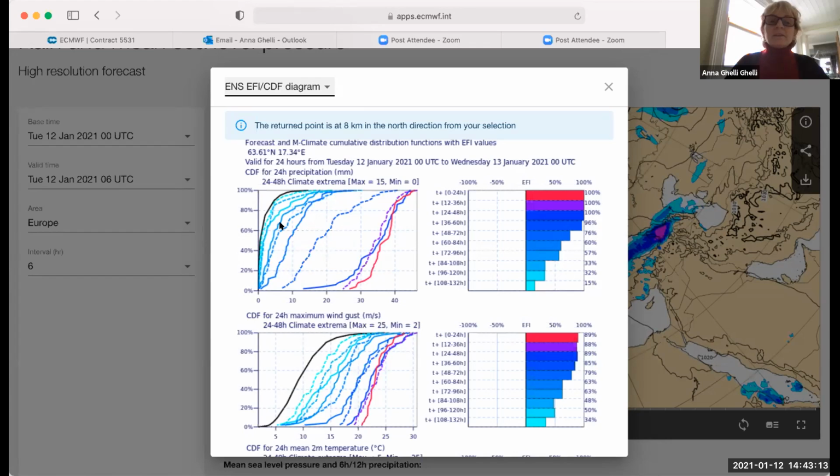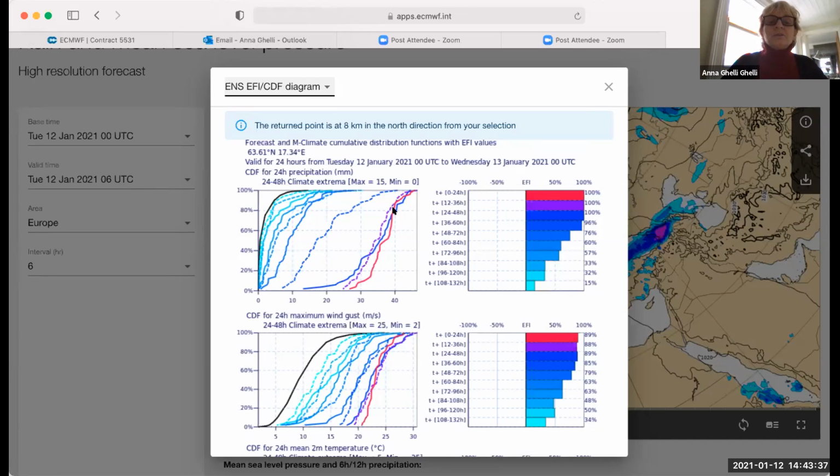I can make another example in the meanwhile, because 80% seems easy to do. Here we have 80% probability of not exceeding, and then we walk along this curve and end up, for the latest forecast, at not exceeding the value of 40 millimeters over 24 hours.